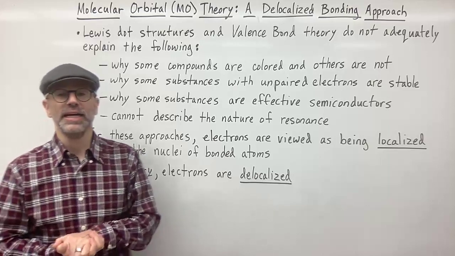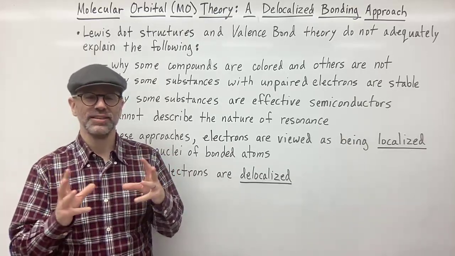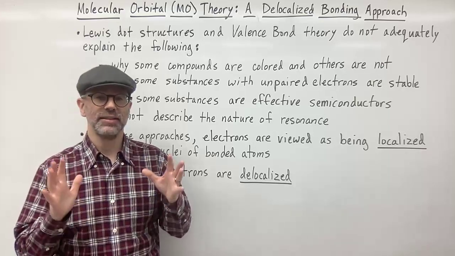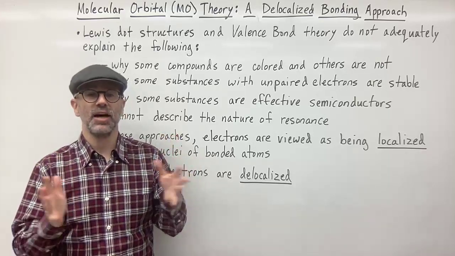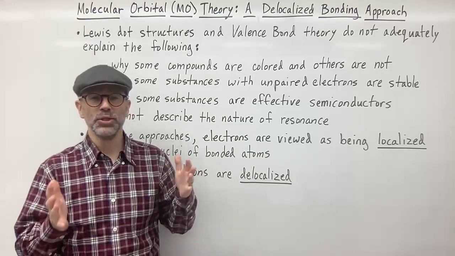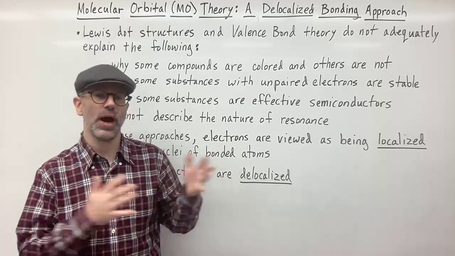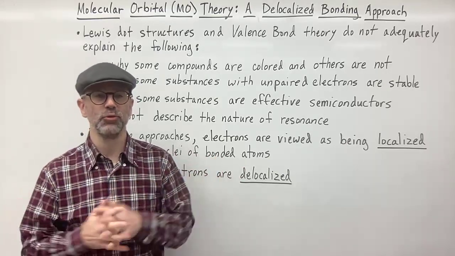We saw that resonance is the concept that the bonding of different atoms in certain molecules is somewhere between a single or a double bond or a triple bond. They're not quite single, double, or triple, somewhere in between, right?